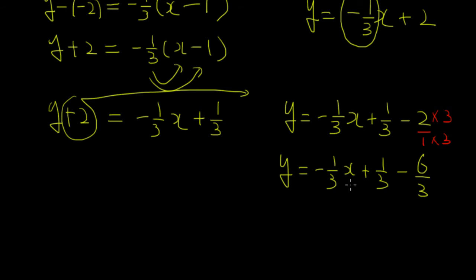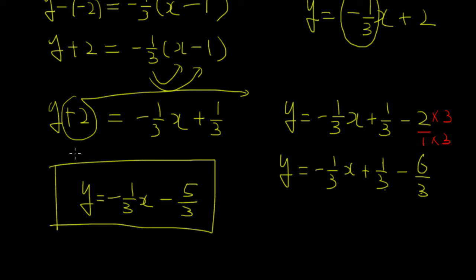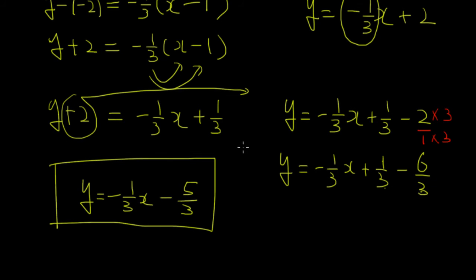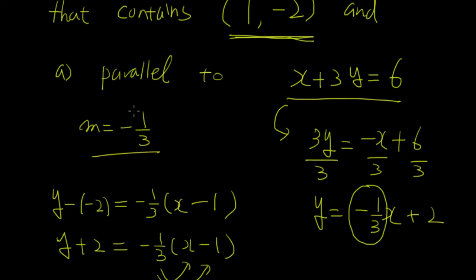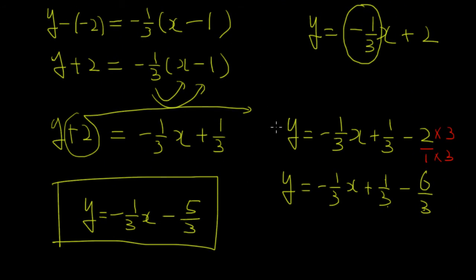So our final answer would be, let me write the answer here, y equal -1/3 x plus 1/3 minus 6/3, which is -5/3. So that's the final answer that we're looking for. Parallel to this line, passing this point, right?